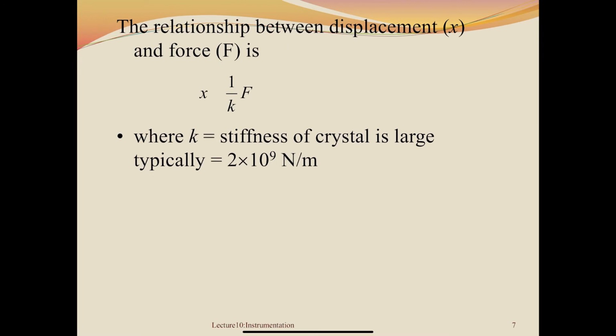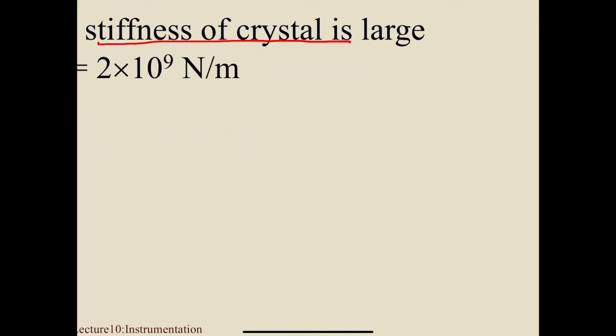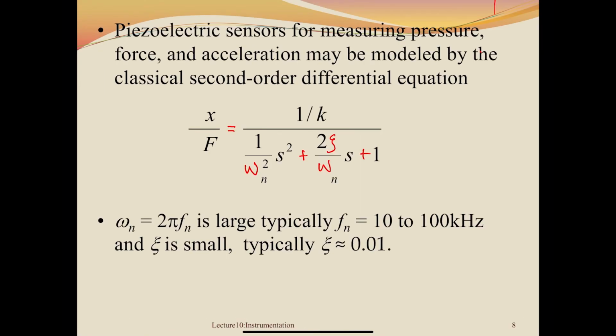The relationship between displacement and force is given by x equals 1 over k multiplied by force, where k is the stiffness of the crystal, and typically the value is very large. The piezoelectric sensor behaves as a second order differential equation as shown in this equation.